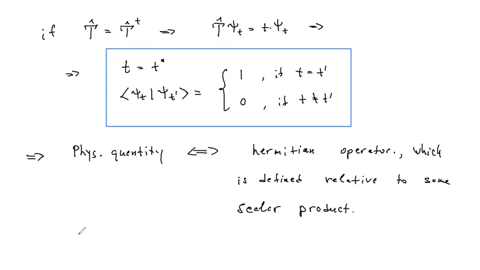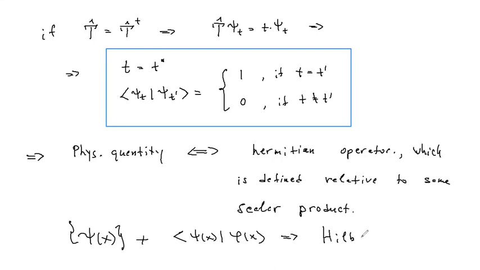So whenever you have a space and you have a vector in your space, plus you're going to introduce scalar product between couple of vectors. So vector space and scalar product or inner product, it's something we call Hilbert space.